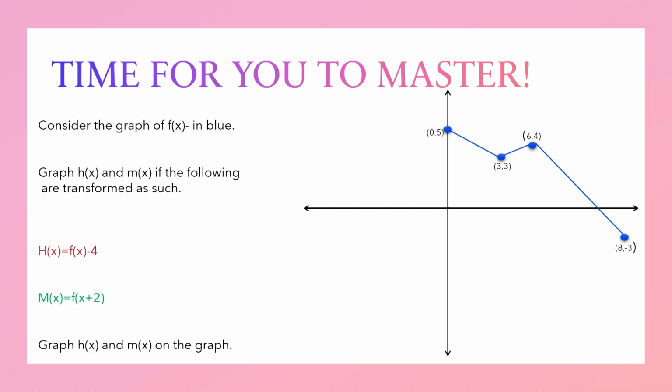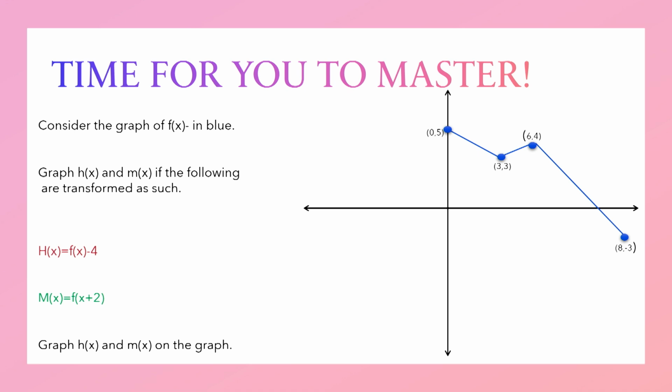Now here is time for you to master. I am considering this blue graph. This is f of x. What I want you to do, and then we're going to do it together, is to graph h of x and m of x as the following transformations.